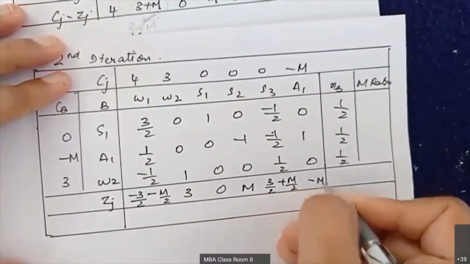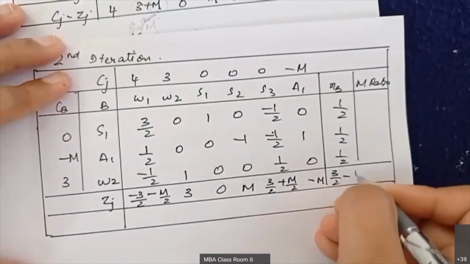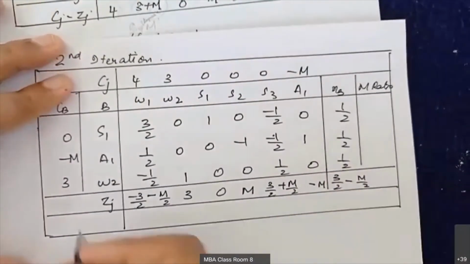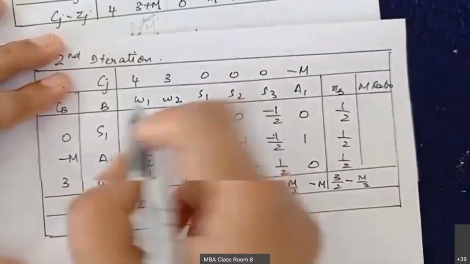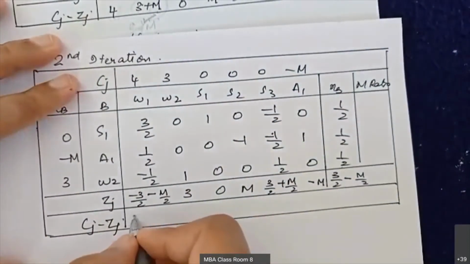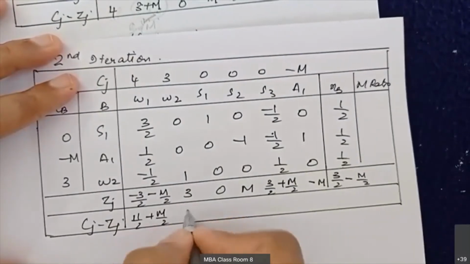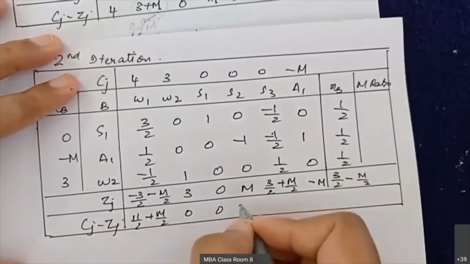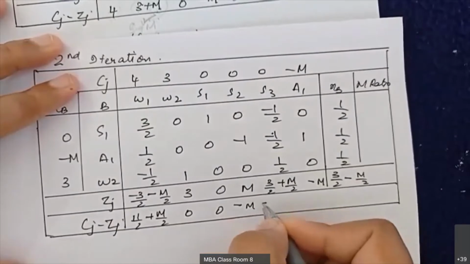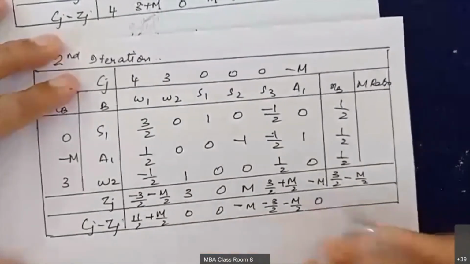Here I will have minus m and here 3 by 2 minus m by 2. Now Cj minus Zj: Cj is this row minus the Zj values. I will have 11 by 2 plus m by 2, 0, 0, minus m, minus 3 by 2 minus m by 2. Over here I will have 0.